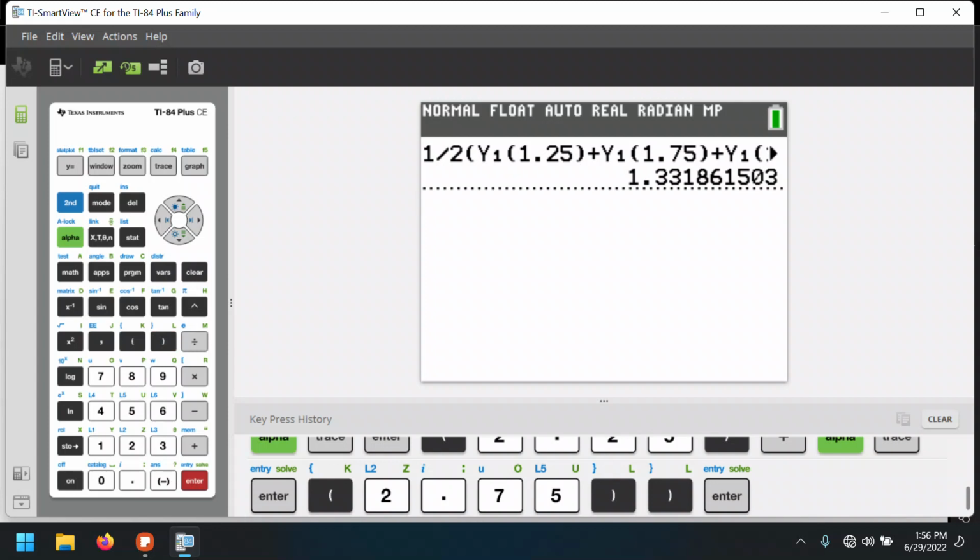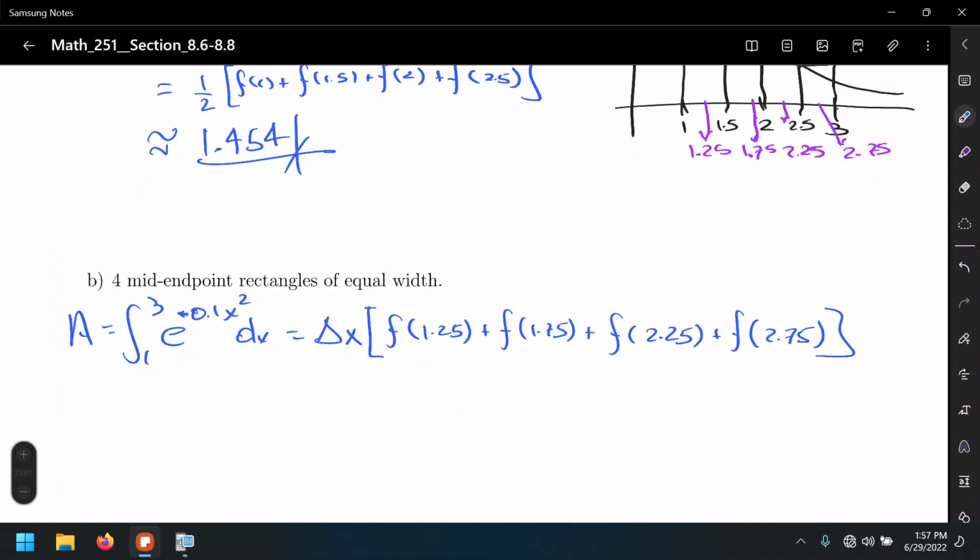And well, we get 1.331, which rounds up to 1.332, which is close to the value that we got for left endpoint, but it's not quite the value. I mean, of course, it's an approximation, and of course, it's also a very lame approximation because it's just four rectangles.